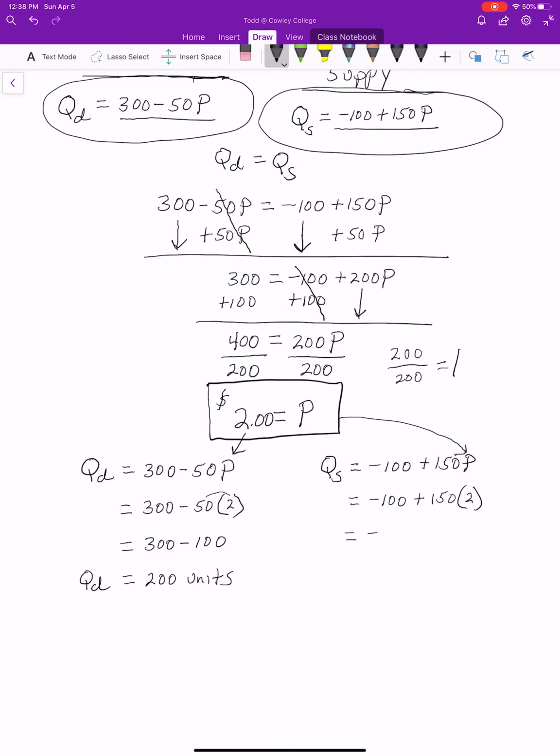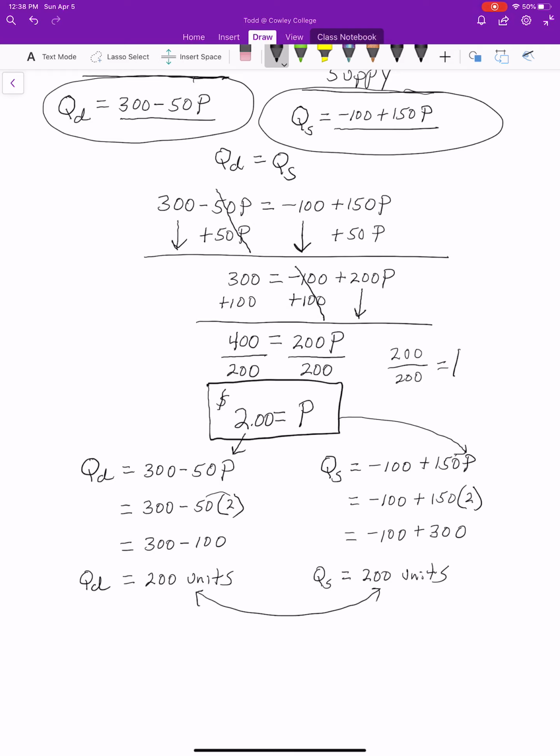Go ahead and simplify it. So you have a negative 100. 150 times 2 is going to give you 300. So our quantity supplied is going to be negative 100 plus 300, which is going to give us 200 units of the good. So there is our quantity demanded being equal to our quantity being supplied.